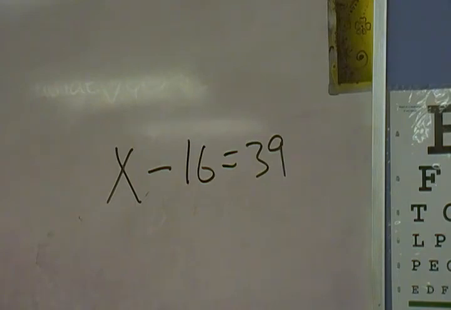All right, now look, Sherry, what's the first thing you wanna do now? You have to get rid of the 16. We have to get rid of 16, so how are we gonna get rid of the 16? What are you gonna do? Take 16 on this side, 16 on this side, minus, right?